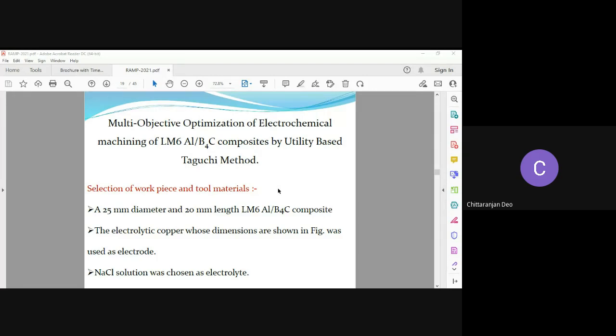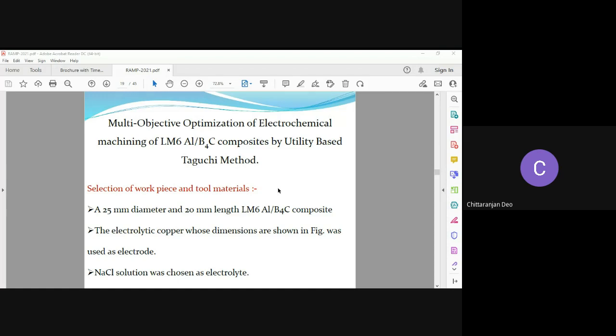We have fabricated this composite by the stir casting process. In the stir casting process, we put this base material in the furnace and raise the temperature to 800 degrees centigrade. Then we add different amounts of boron carbide powder, stirring for 10 minutes with a speed of 300 to 400 RPM.